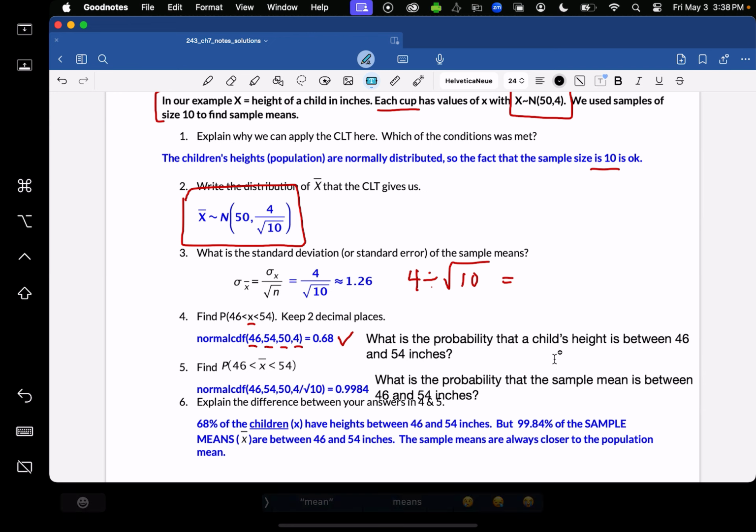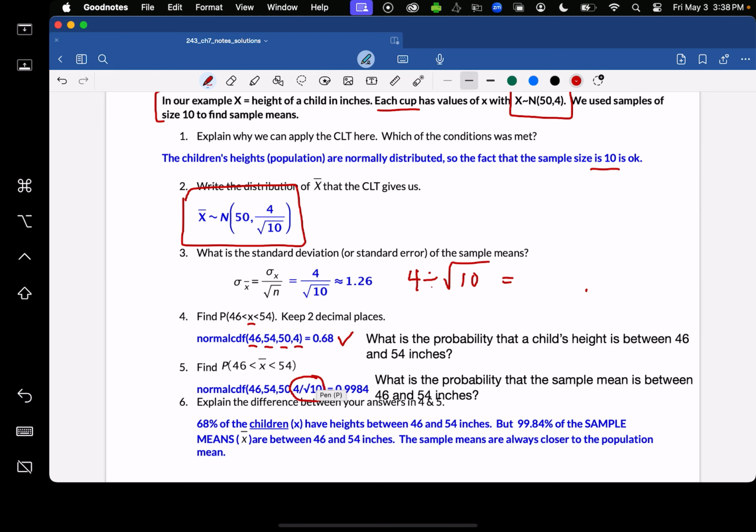So you can see that here we get 68%, and then when we repeat that process, we still say lower, upper, mean, and then the only thing that really changed is right here, because now we're talking about the sample means, so we change our sigma to 4 divided by the square root of 10, and we get 99% likelihood.